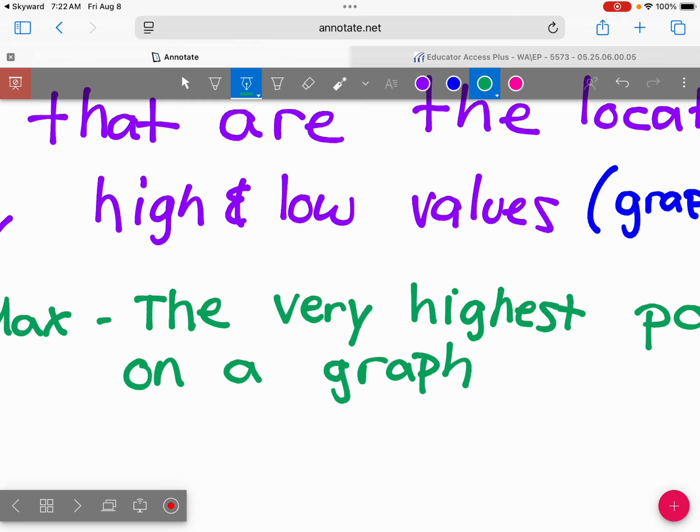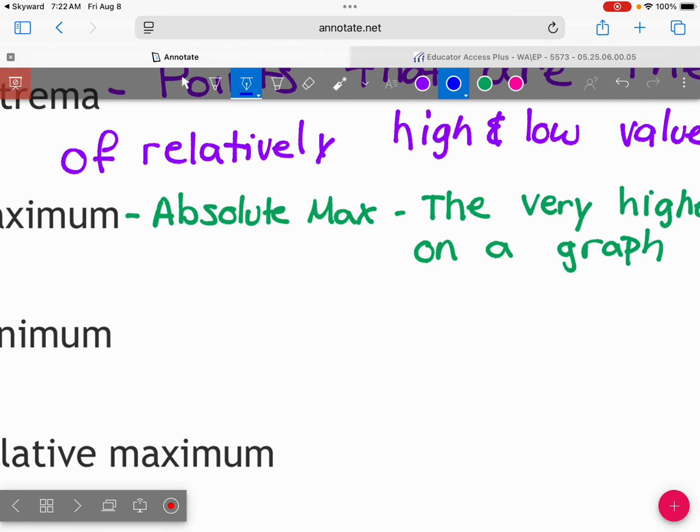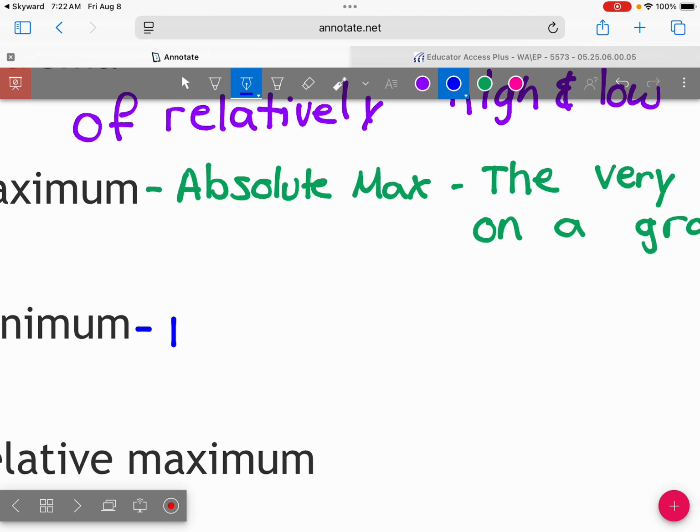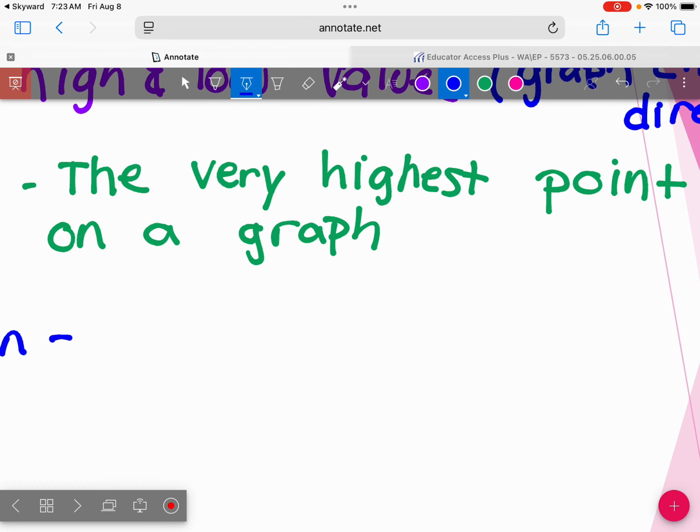It is absolutely the highest. Absolute max. Tippy top. Which gives us a little context on what we think the absolute minimum might be. Same thing, but instead of highest, lowest. So our absolute minimum, or absolute min, is the very lowest point on a graph.